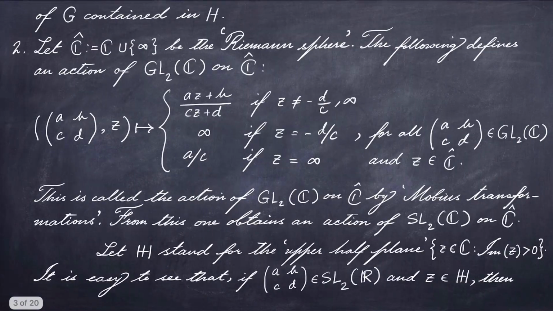which is of course positive because the imaginary part of z is positive. Thus what we see is that this upper half plane is invariant under the action of SL2(R). Let me again repeat. Earlier we saw that GL2(C) acts on the Riemann sphere. From that we get the action of SL2(C) on the Riemann sphere.